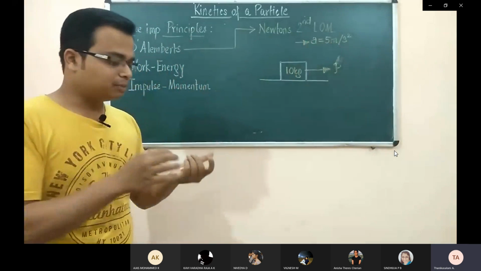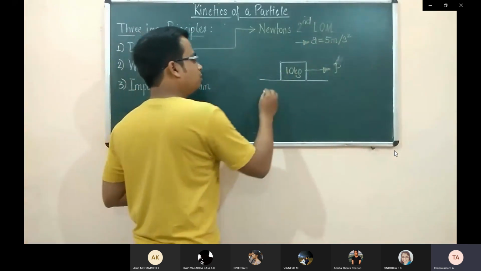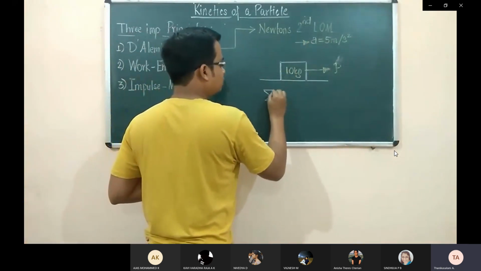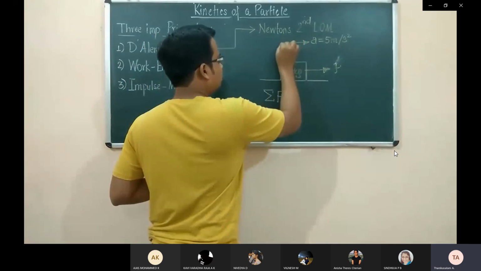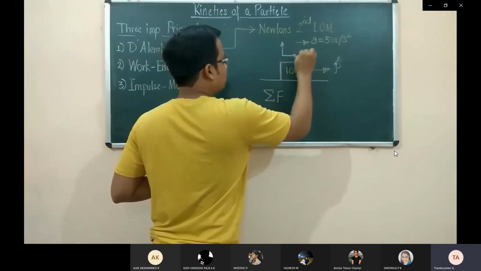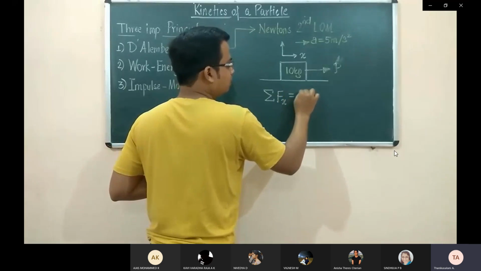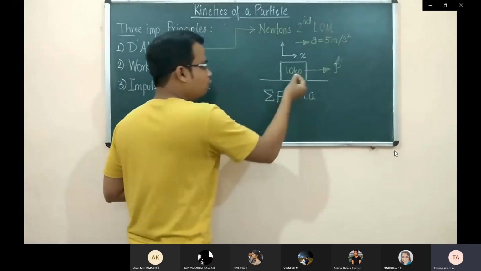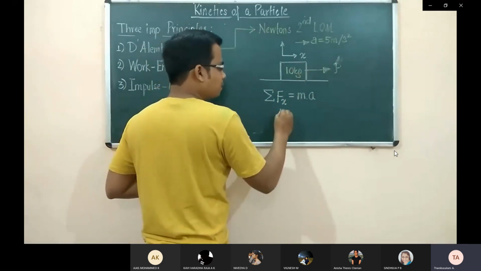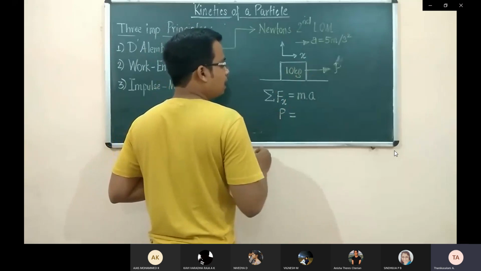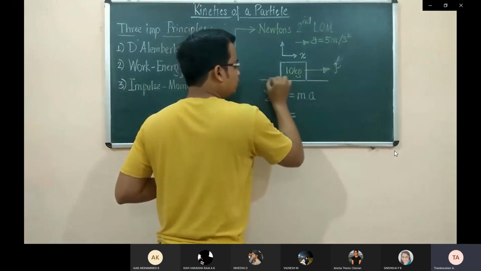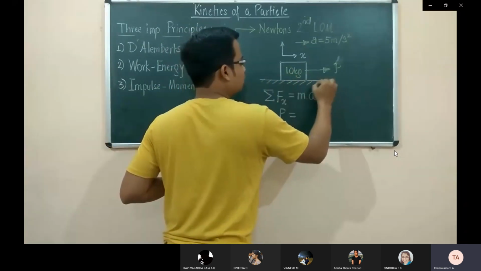So this is going to be very simple. You have to just apply Newton's second law of motion. It goes like this: summation of all the forces, and here the forces acting are along the x direction, so we take the subscript x, is equal to mass into acceleration. Force obviously is P. Okay, and again assuming this is frictionless, there is no friction.